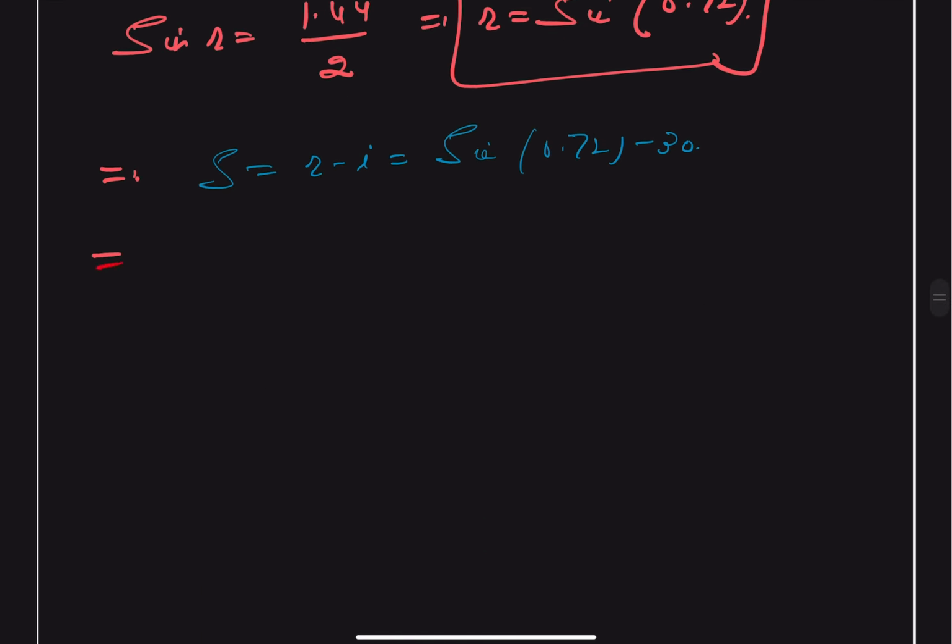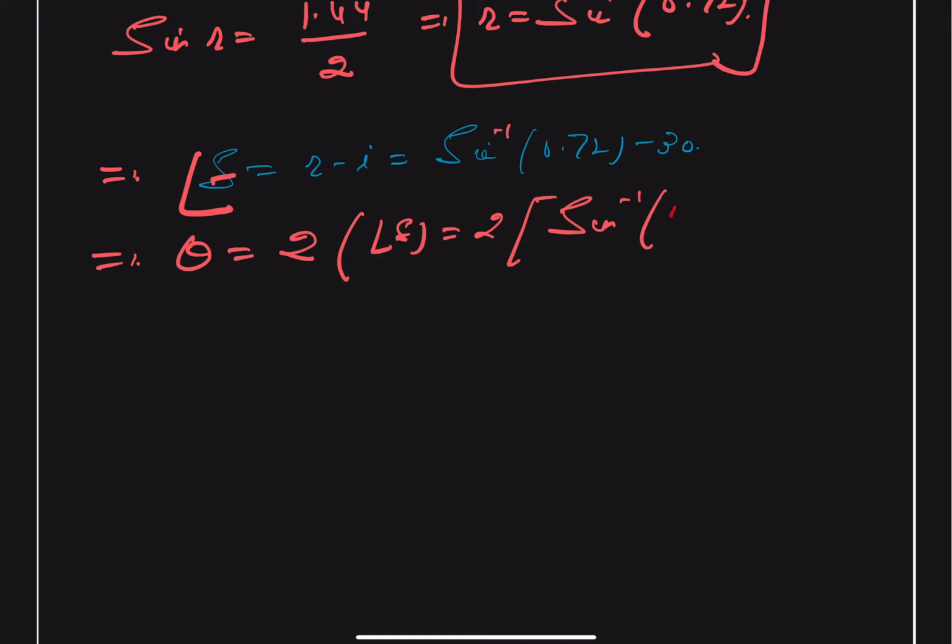Therefore we can say that our theta is equal to twice of angle delta. So this was angle delta, so this gives us twice sine inverse of 0.72 minus 30 degree.